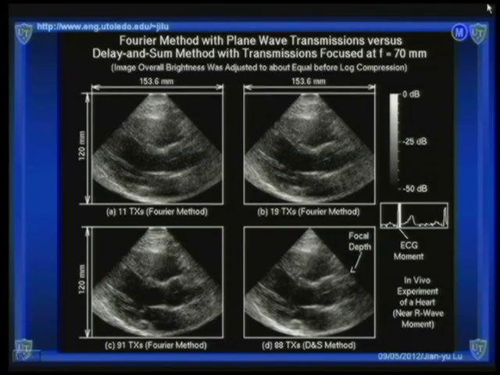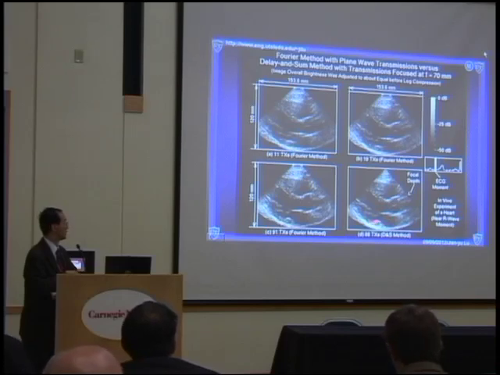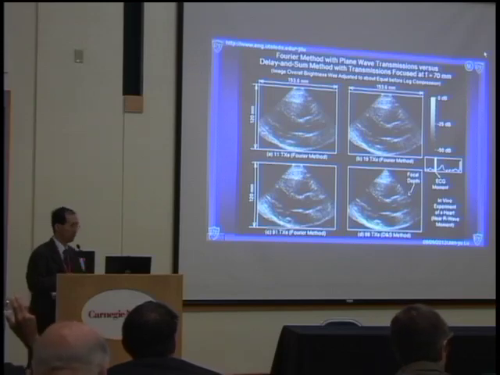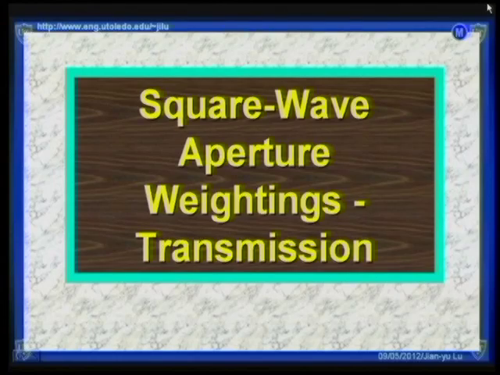We can see the heart images with 11 transmissions, 19, and 91 transmissions as compared to 88 transmissions with the delay-and-sum method, which focuses here. You can see outside the focus, the image tends to be a little bit fuzzy because of the nature of the focused beam. And with 91 transmissions, it looks like that.